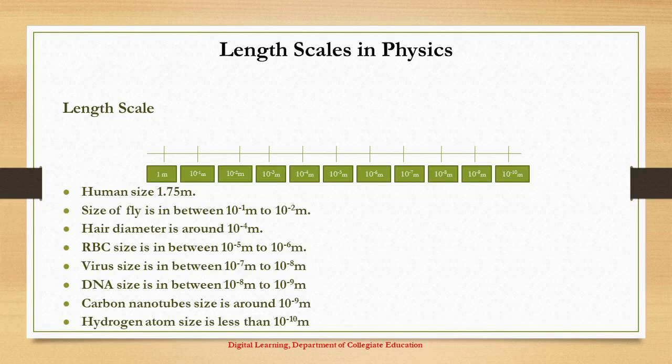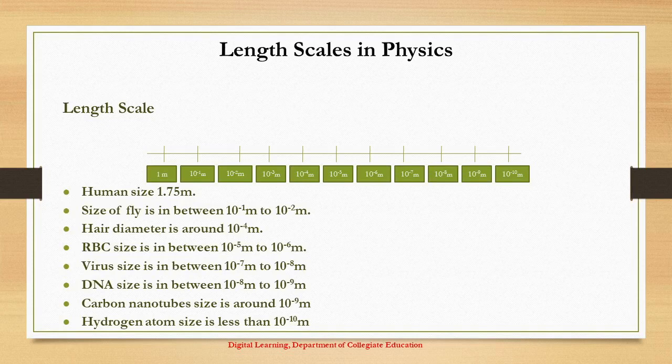So the hair diameter is of the order of 10 to the power of minus 4 meter. See, which is also visible to our eye. Now the actual invisibility starts, like RBC. The size of the RBC is of 10 to the power of minus 5 to minus 6 meter, which is in micro scale.